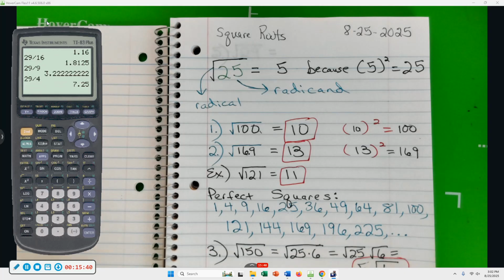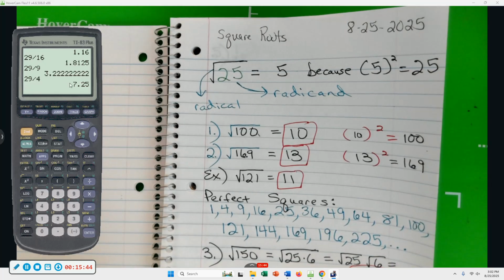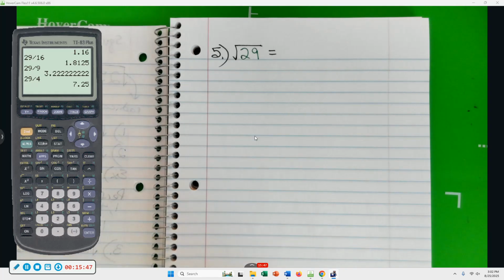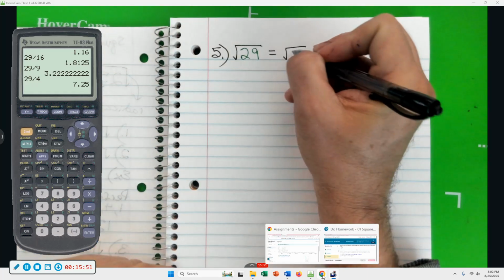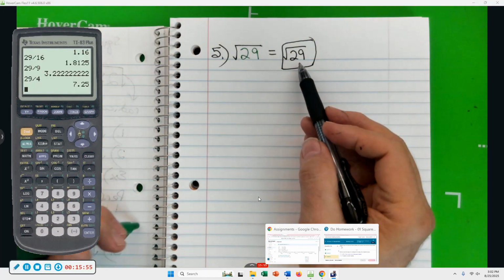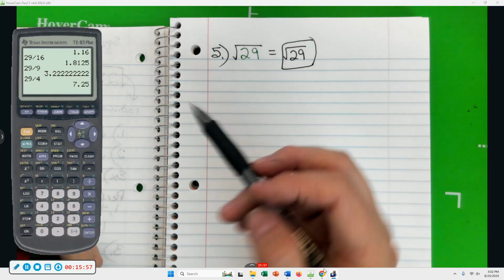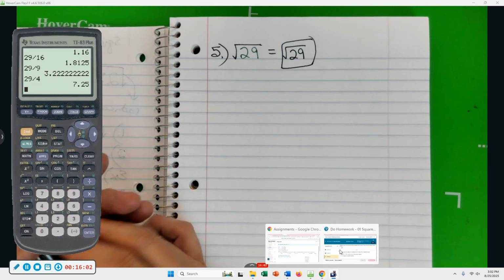Look, I've shown my thoughts right here. 29, it's just giving me decimal numbers. None of those numbers divide. Therefore, the square root of 29 cannot be reduced any further. 29 is a prime number. You're not going to rewrite the square root of 29 as anything other than just the square root of 29.